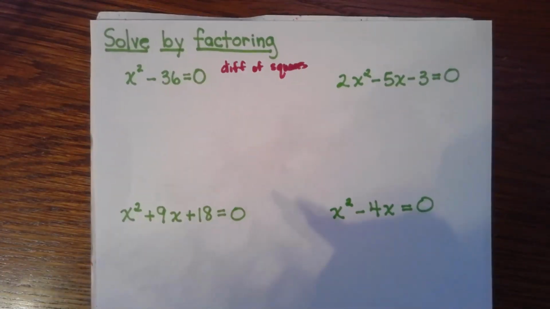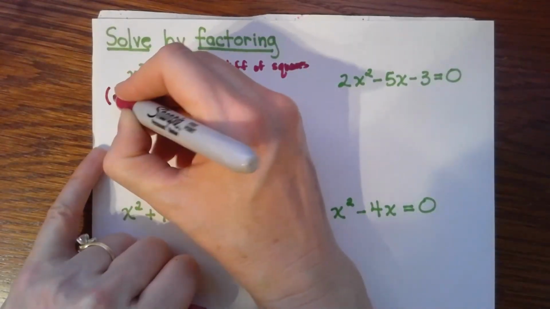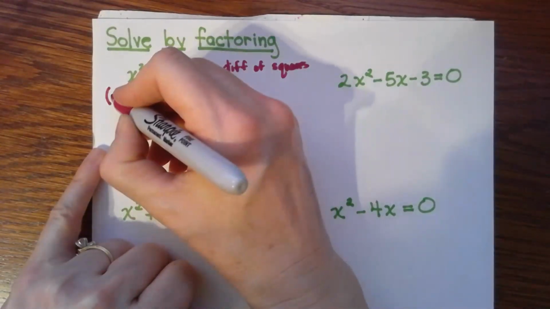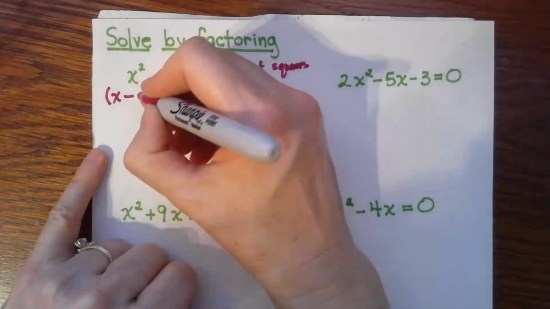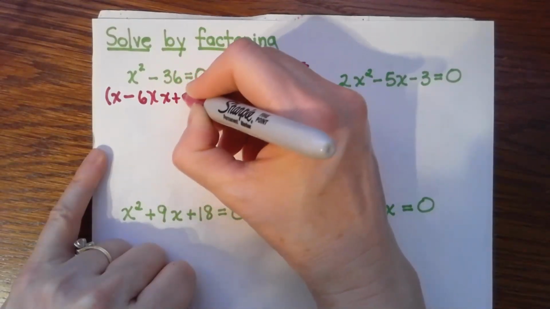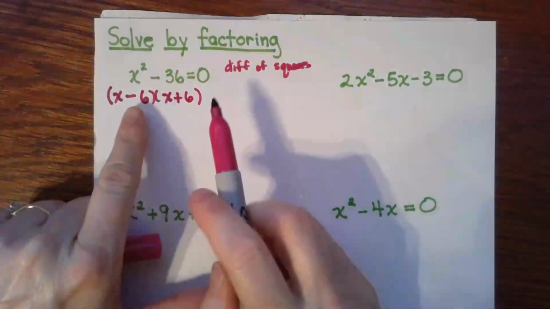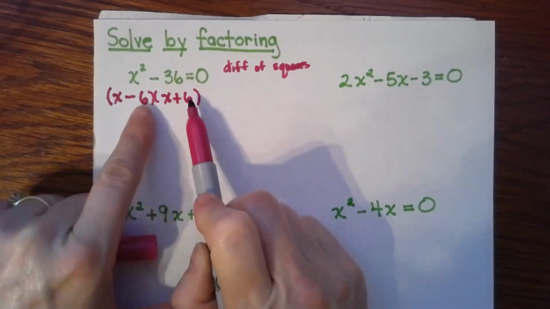Whenever we see a difference of squares, we know that it factors into the square root of the first one, in this case x, minus the square root of the second one, that would be 6, and then an x plus 6. Okay, so we have different signs in between and use the square root.